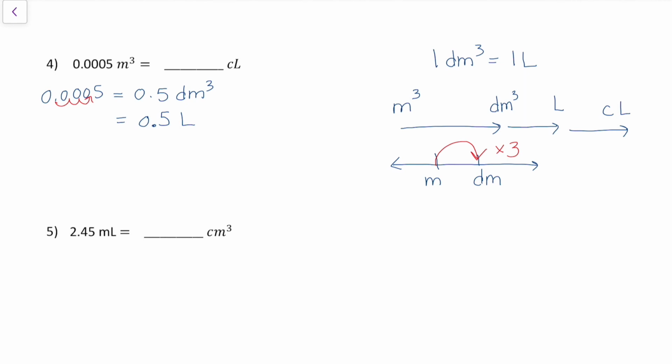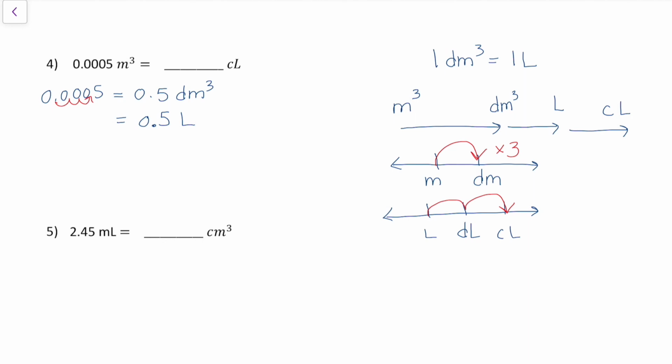So now I need to go from liters to centiliters. So it goes liters, deciliters, then centiliters. So I'm going to do 2 jumps to the right to go from liters to centiliters. Now, do I need to double or triple this?